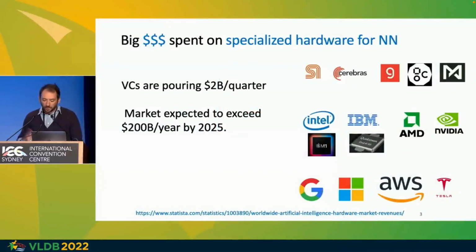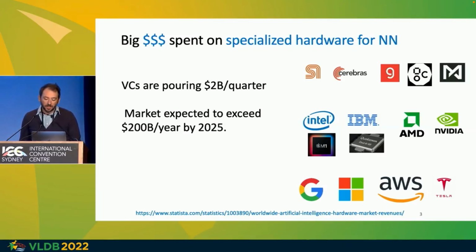Because of this, a lot of investment has happened in hardware related to machine learning. You can use CPUs, but most of the investment is happening on GPUs by AMD, NVIDIA, and of course on FPGAs or custom ASICs such as the TPU, for instance.